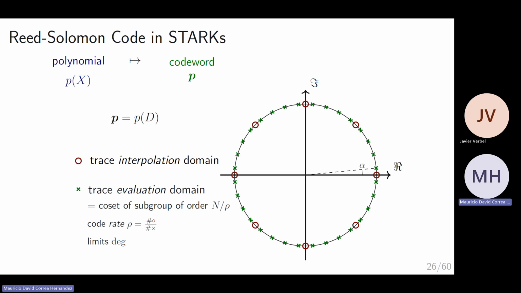Maybe my friend here and I could also complain about some abuse of notation with regards to the boldface P. Because in principle, a polynomial is a point in the ring of polynomials.